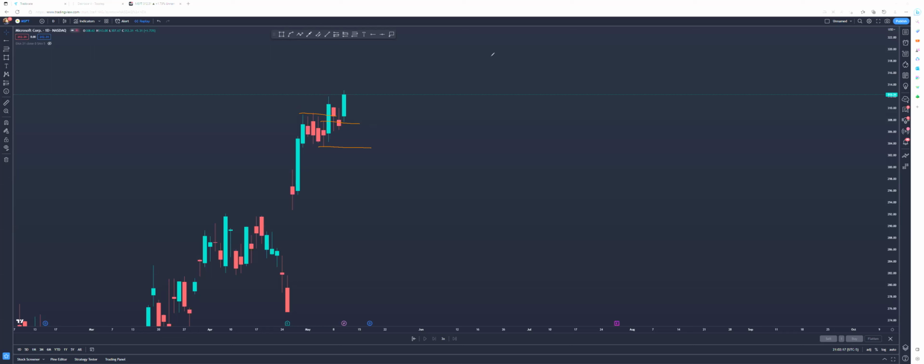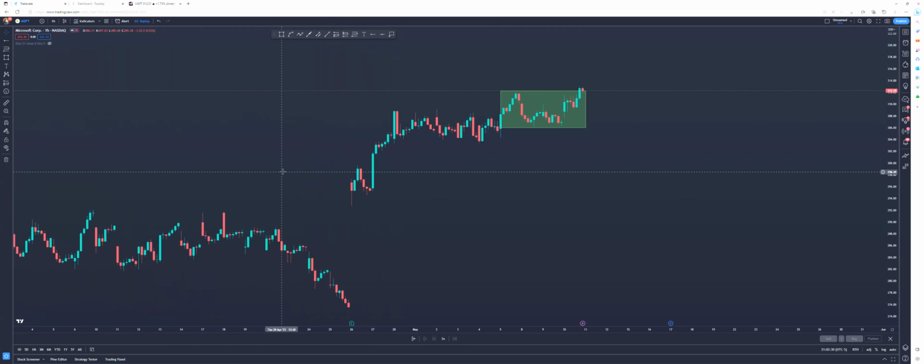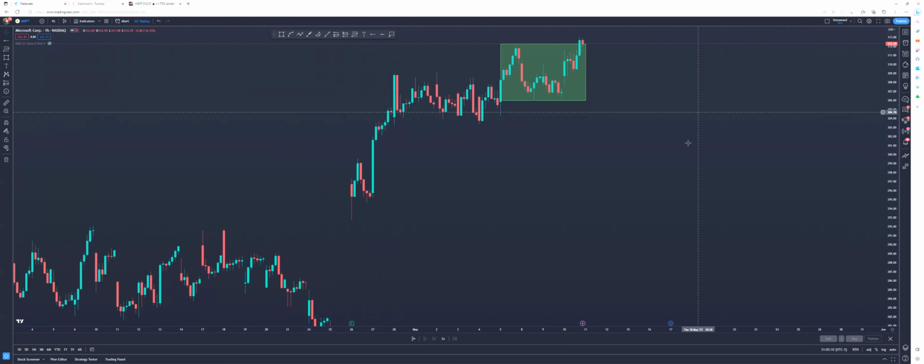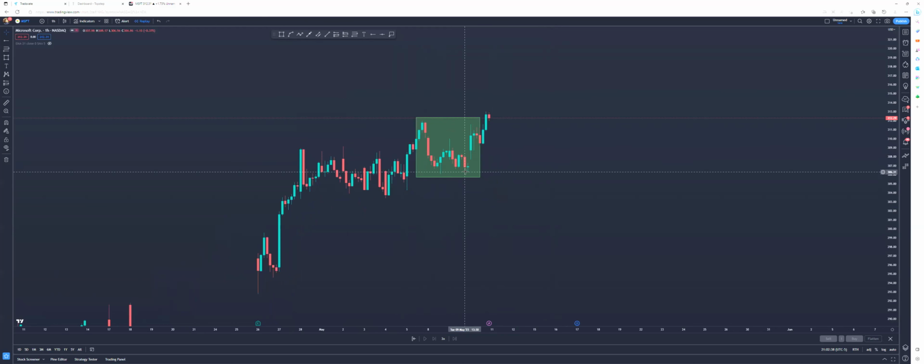A downtrend. Hold on, let me actually go into the charts, because maybe people don't really believe what we're saying. Let's zoom in and find out what this looked like on the lower time frame. Let's go to the 1 hour. You look at that, a downtrend on the lower time frame.